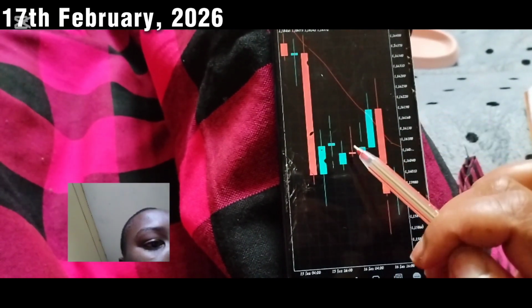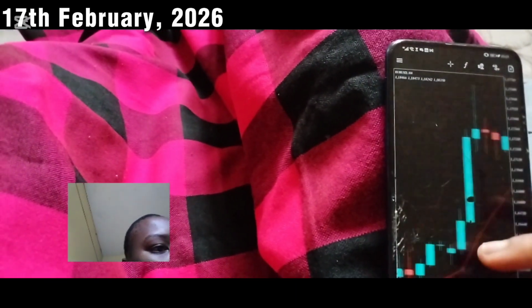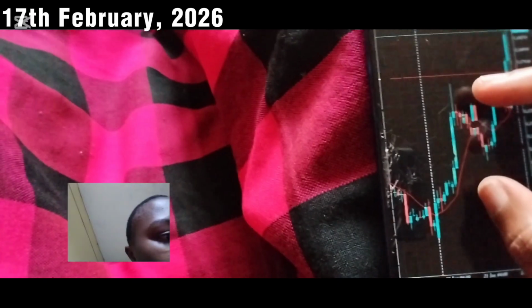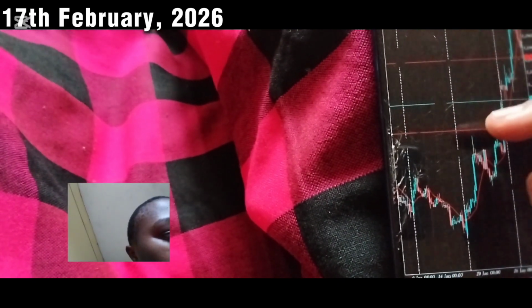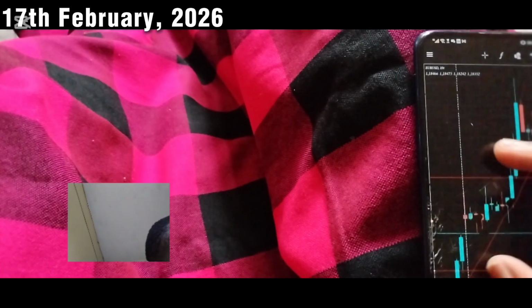So I'll take a screenshot. I don't know how I'll take a screenshot of, I don't know whether when I do like this I'll be able to tell which is a doji and which one is not. I'll just take a screenshot like this.